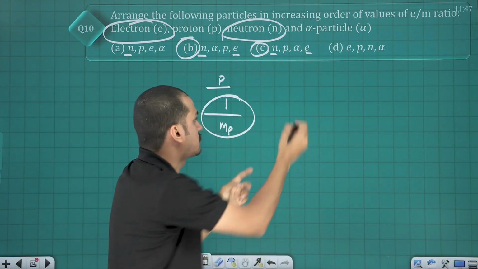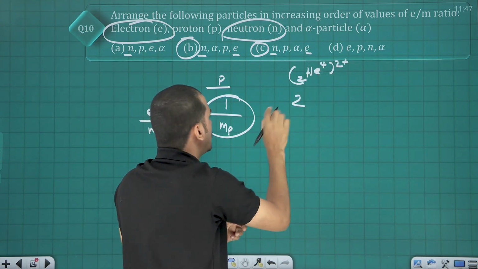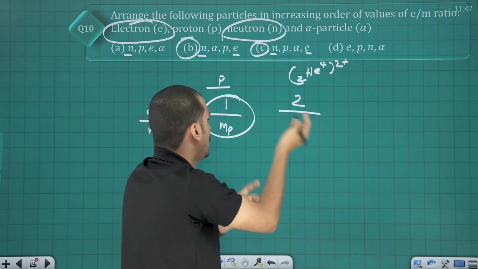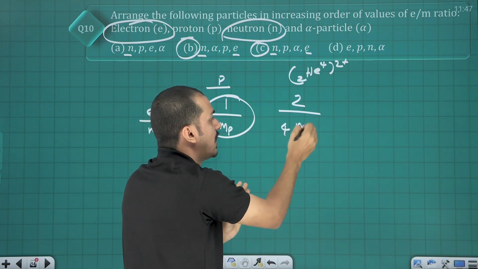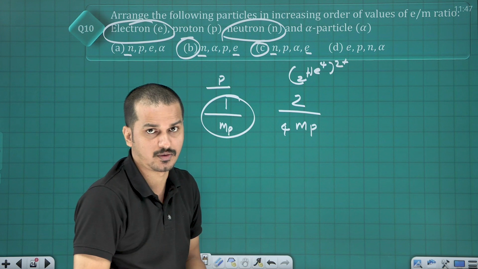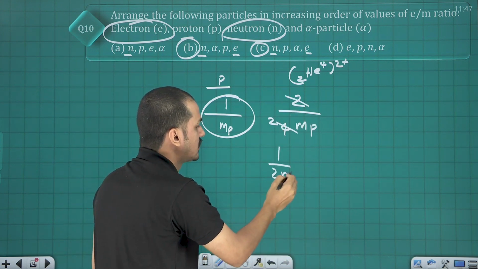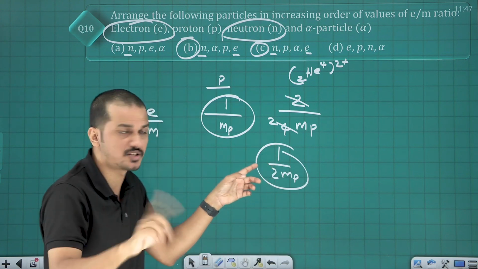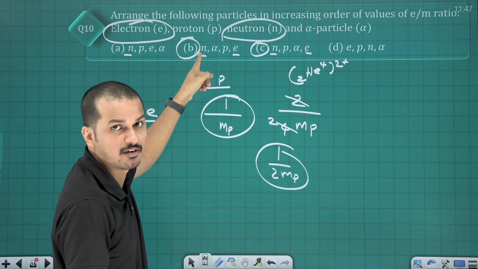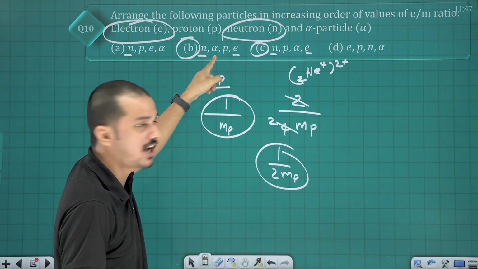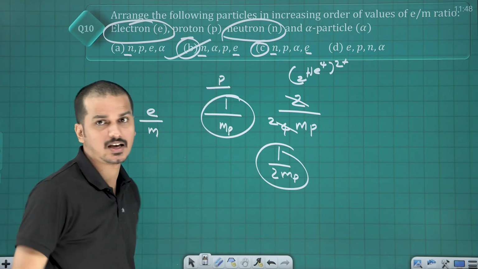Its charge is 2 times that of proton, because the alpha particle is He 2+. Its mass is 4 times the mass of proton. So the charge by mass ratio is 2 by 4 m, that is 1 by 2 m, half that of proton. So first neutron will come, then alpha particle, then proton, then electron. So option B is the correct answer.